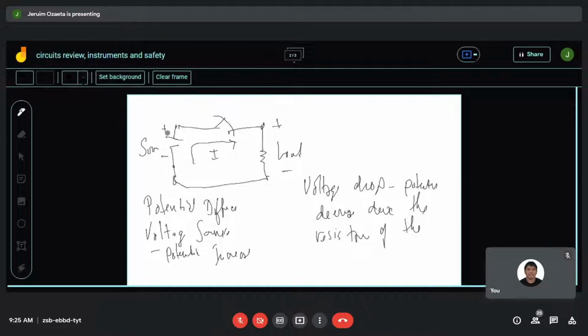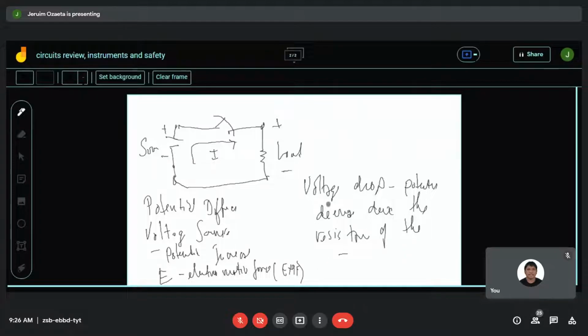Now, we often signify voltage to be in the symbol of E. Often this is an electromotive force or EMF. In the voltage drop, this is simply a voltage drop.